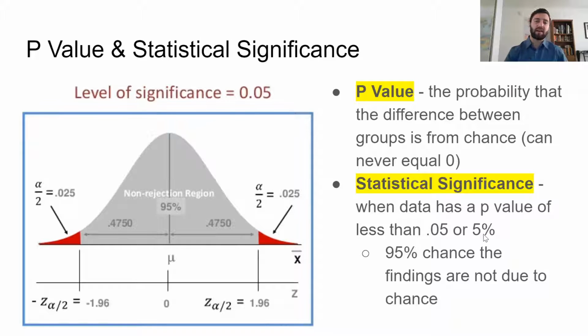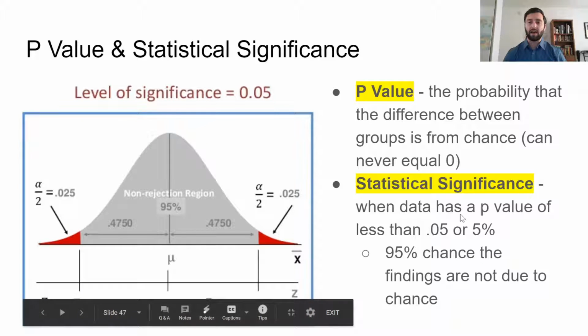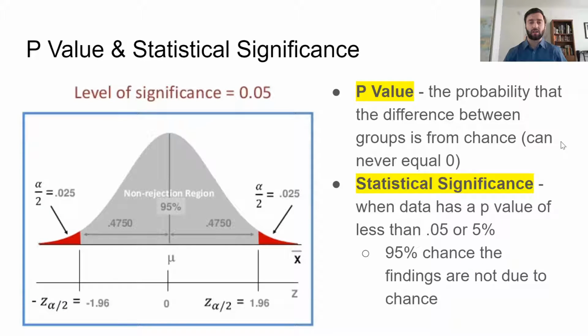If we find that value, that means we have statistical significance and we can apply our research to that bigger population. Another way to say that is that if we have statistical significance, it means there's a 95% chance that the findings are not due to chance.